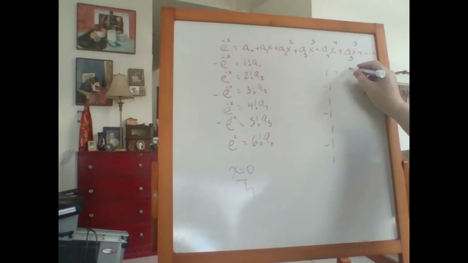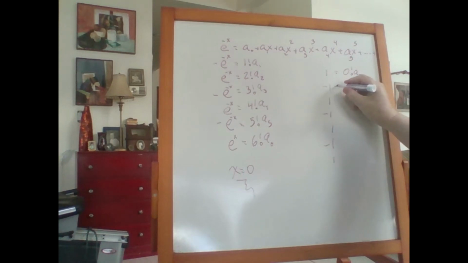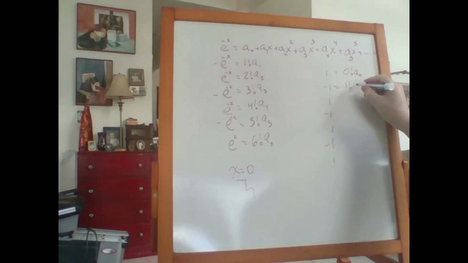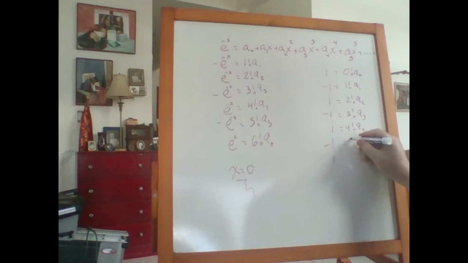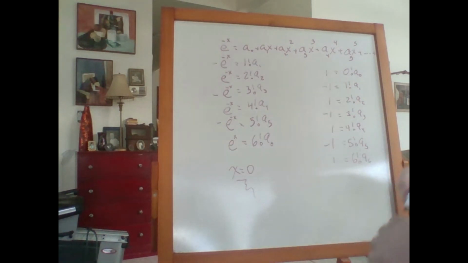And this one's 0 factorial a naught equals 1 factorial a1 equals 2 factorial a2 equals 3 factorial a3 equals 4 factorial a4 equals 5 factorial a5 equals 6 factorial a6.